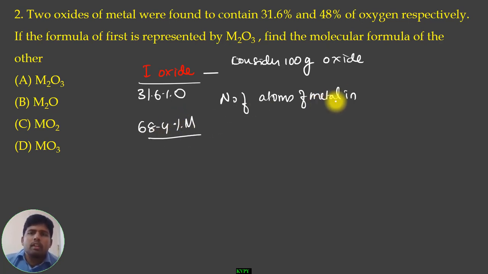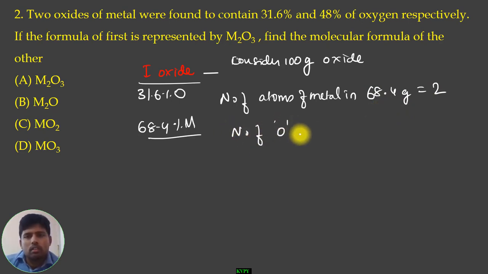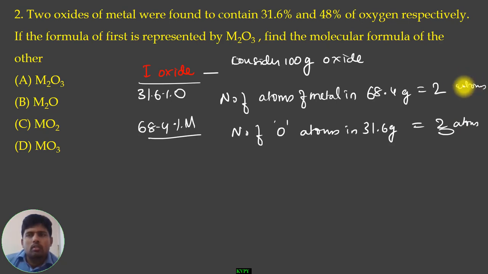The number of atoms of metal in 68.4 gram is equal to 2, suppose, and the number of oxygen atoms in 31.6 gram is 3 atoms. Here it is 2 atoms. So this is only an assumption.